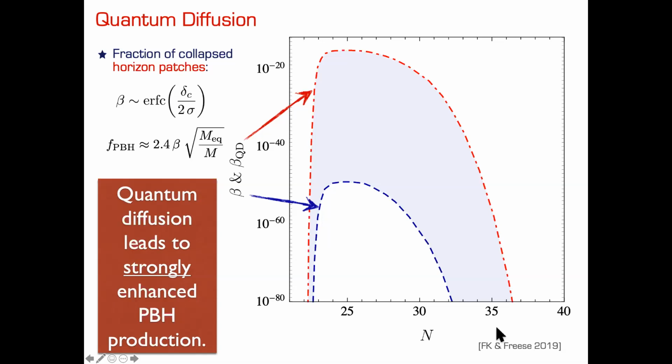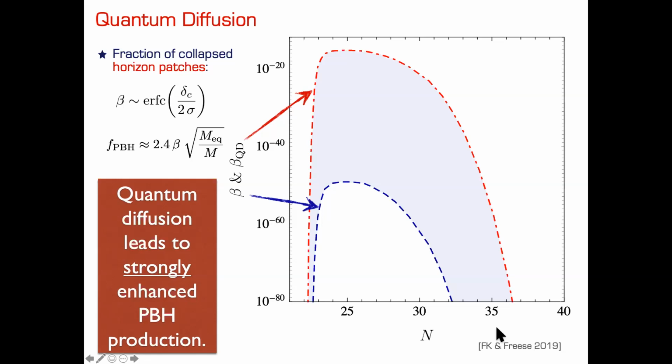You see, this is like 10 to minus 50 or so. That goes to 10 to minus 20. So you see many orders of magnitude enhancement, which you get when you properly do your resummation and put everything together. That's why I said quantum diffusion, or this large quantum fluctuation, strongly enhances the primordial black hole formation.